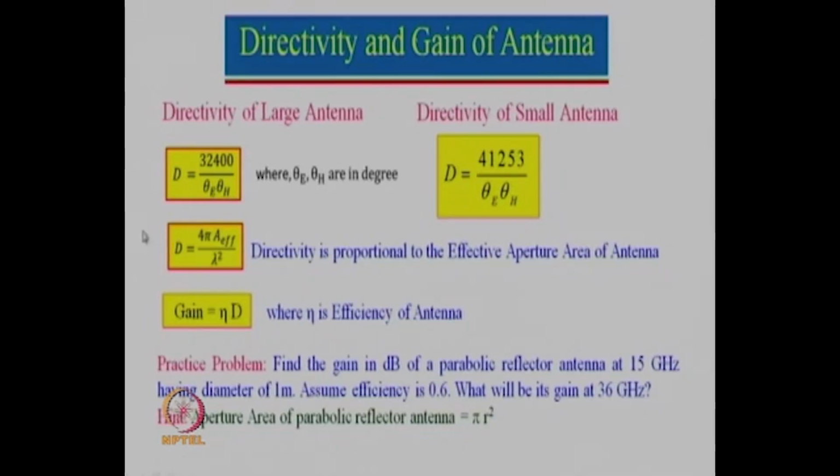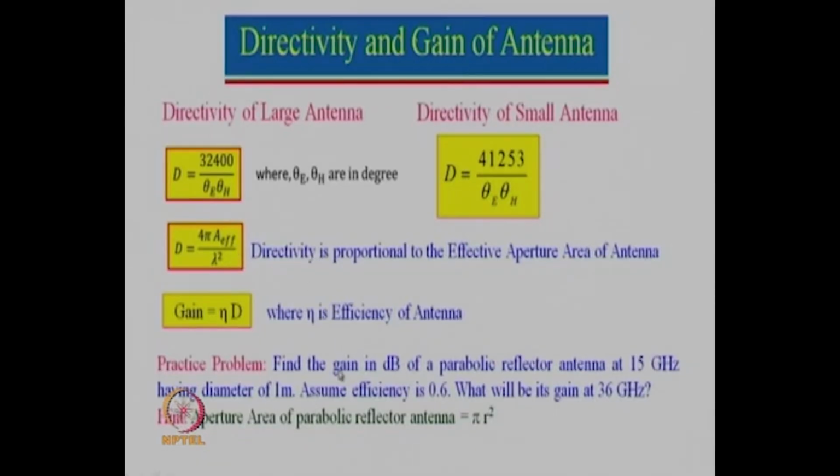Now directivity is also related to the aperture area. As we saw in the last lecture, if aperture is increased, directivity will increase, and for a given frequency we have a certain aperture. For example, let us say I take a diameter of 1 meter for a circular dish antenna.